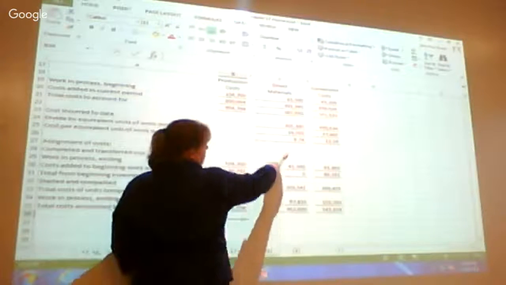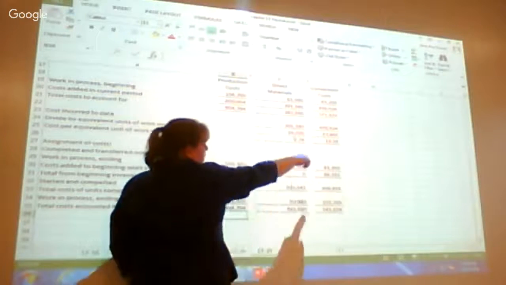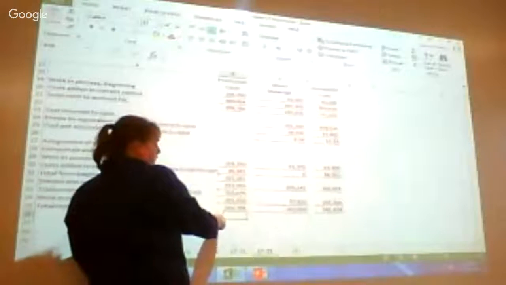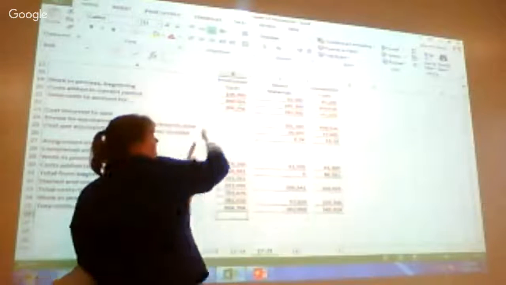All 4 of these numbers have to equal 362. All 4 of these numbers have to equal 541. And then of course, across that 90474, that has to equal the total production costs. I'm just spreading all those costs over the 3 rooms: the beginning, the middle, and the end.